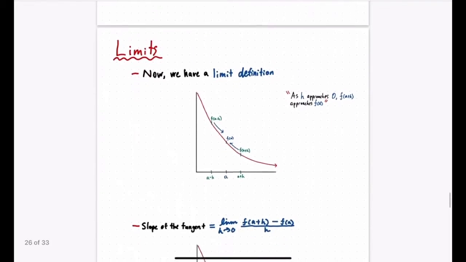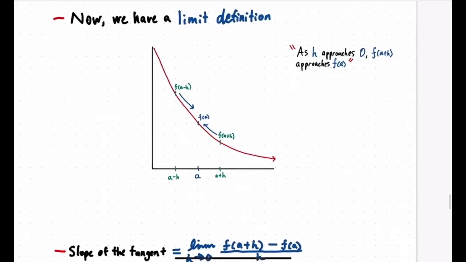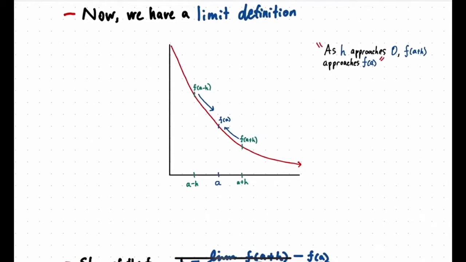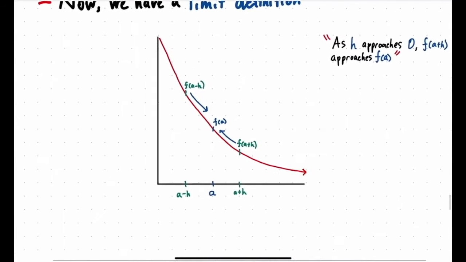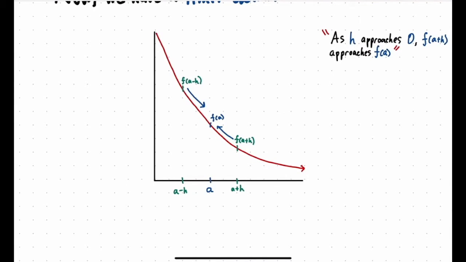So this is the idea of a limit. As h is approaching 0, I have a much nicer drawing than I did on the last page. As h is approaching 0, the distance between these points right here gets closer and closer to 0, because these are our h's. Then f of a plus h is approaching f of a.